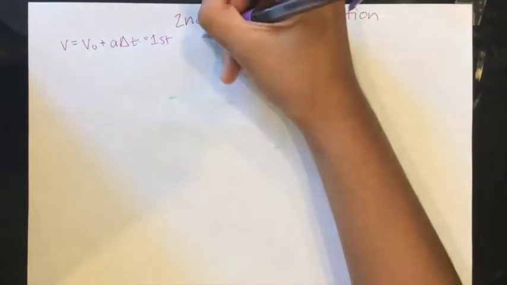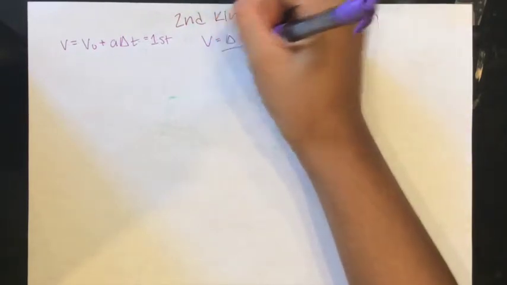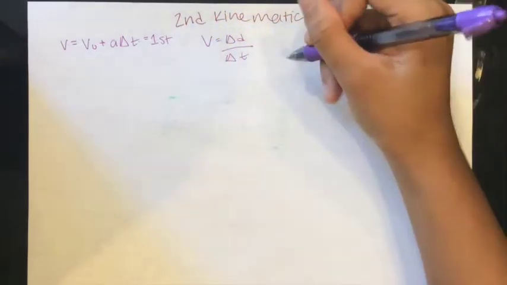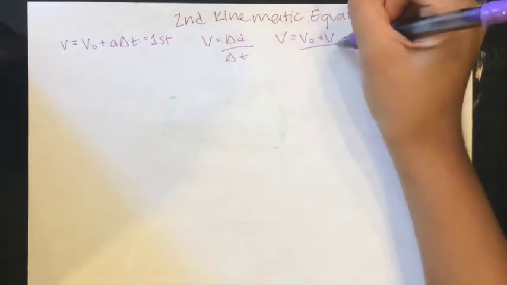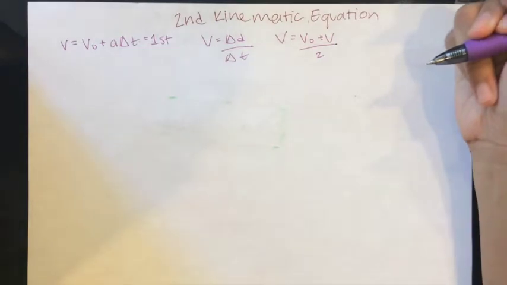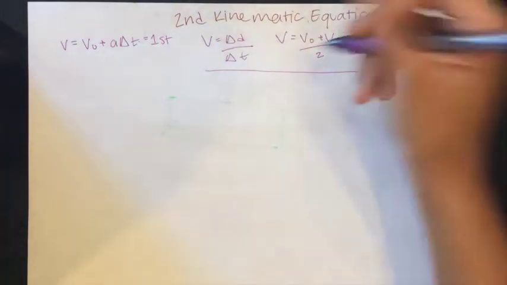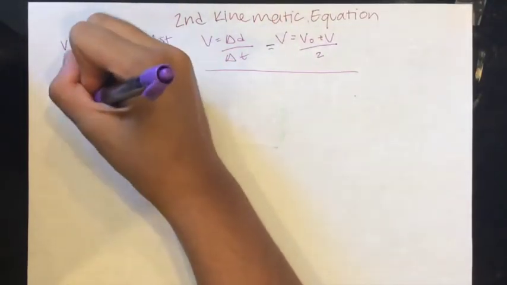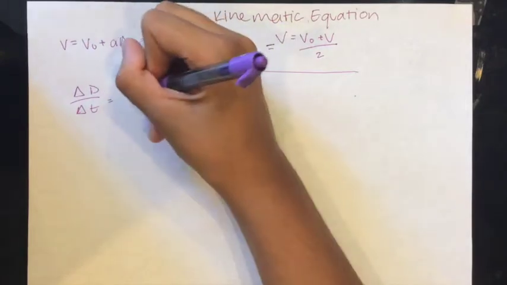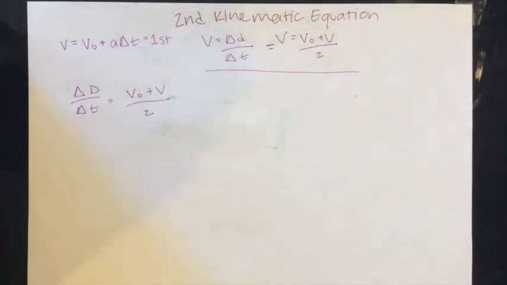We also know that v equals delta d over delta t, and that v equals (v naught plus v) over 2. So what we can do is make these two equations equal each other, getting delta d over delta t equals (v naught plus v) over 2.